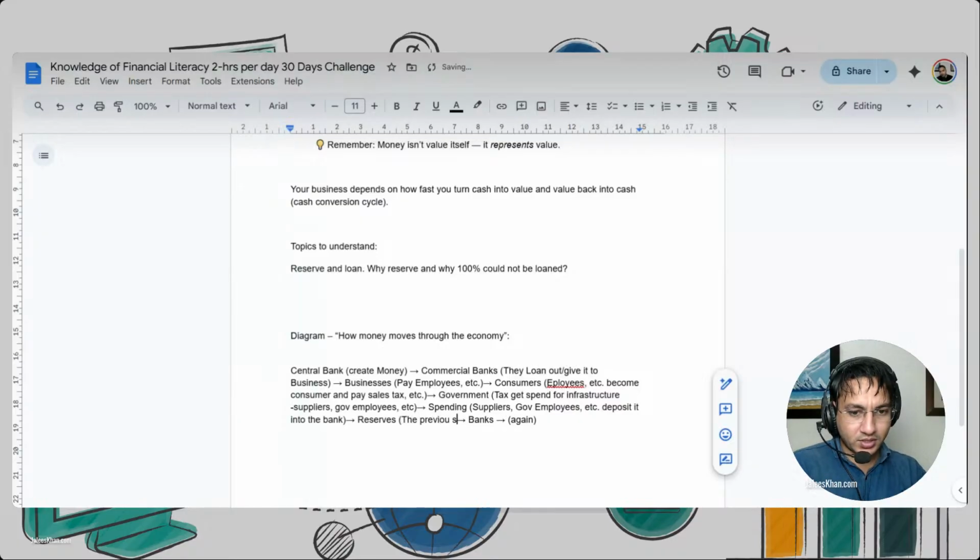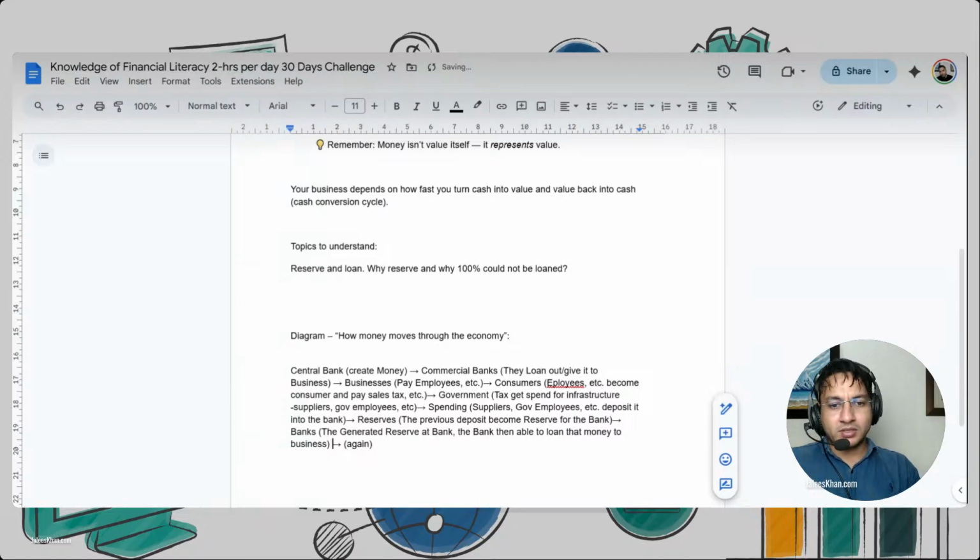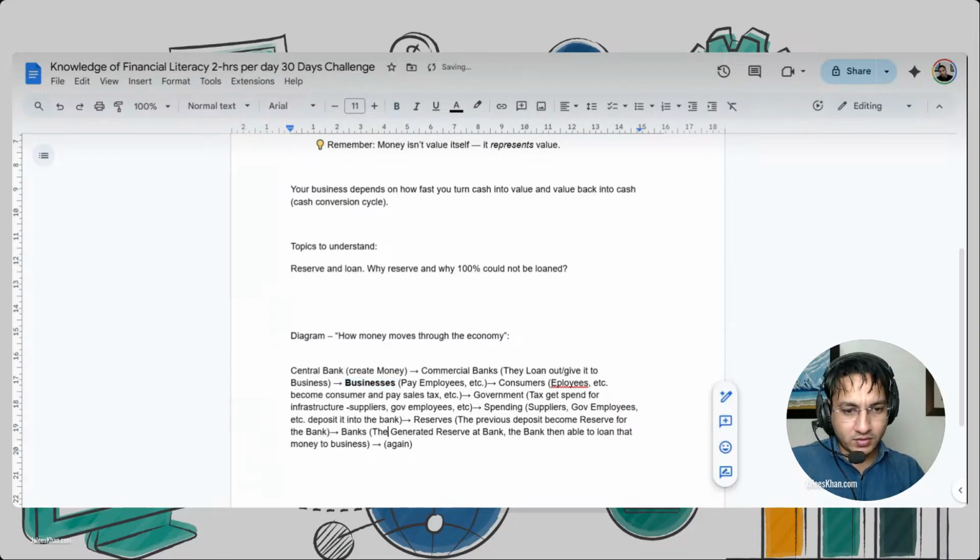The previous deposit becomes reserve for the bank, and the generated reserve at the bank makes the bank able to loan that money to business, and then the same cycle is going to repeat from here.